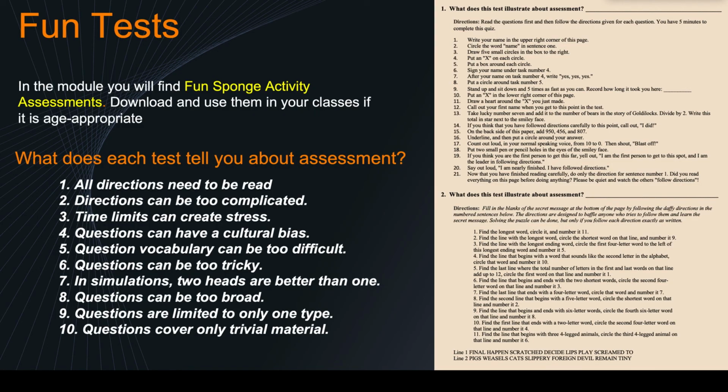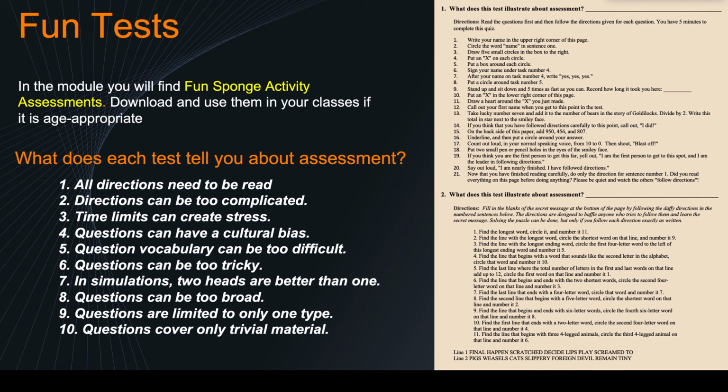You're also going to find in the module some fun sponge activity assessments that I've used over the years that pretty well illustrate something negative about assessment. For example, the very first one, kids will follow 21 different directions, and if they read all the directions first and then do it, they're not going to be embarrassed.